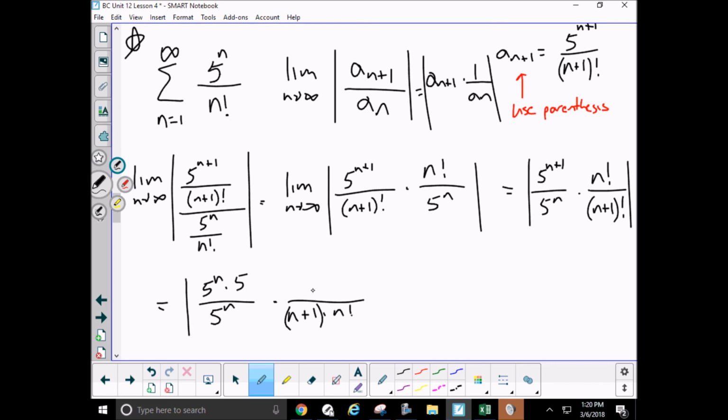So I'm just going to write n factorial over n plus 1 times n factorial. Now we are finding the limit as n approaches infinity of this. And now I can simplify this.